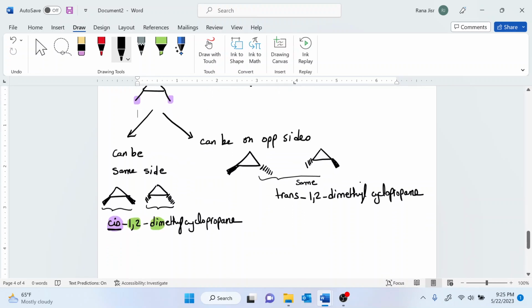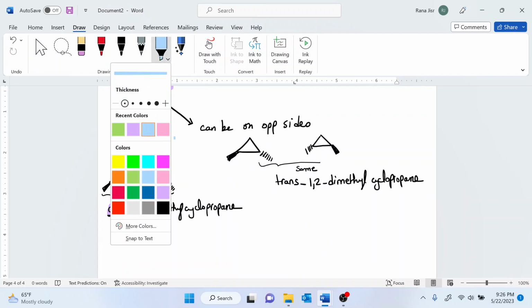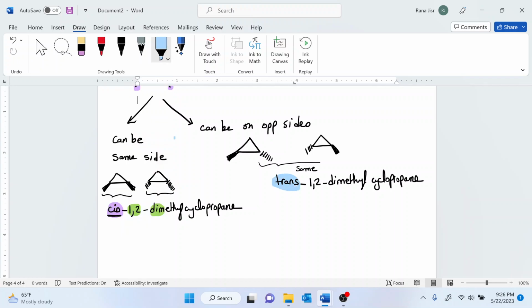Now, cis and trans are different orientations of the substituents around the cycle in space. So these two are considered to be stereoisomers. So cis and trans are examples of stereoisomers, and by definition, stereoisomer is the orientation of the group in space.